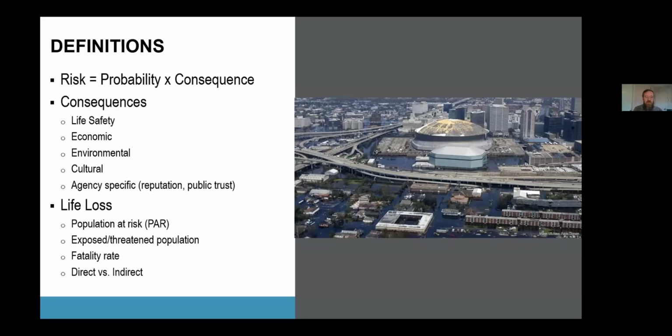The consequence models that we're using are only estimating direct fatalities, which is people who come in direct contact with the water and experience the physical forces of that water. So they're drowning fatalities, or in a structure that collapses, or a vehicle that's washed off the road. But there could be a whole host of indirect fatalities that are a consequence of the flooding, but not directly caused by it.